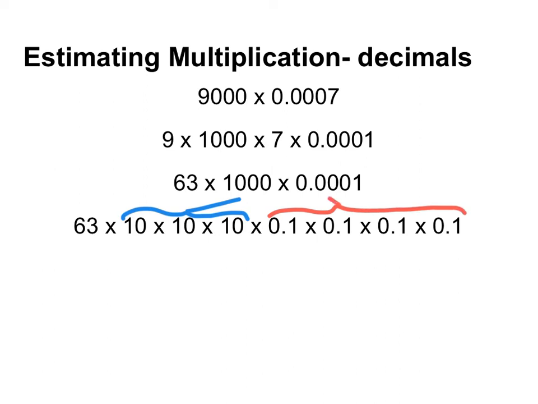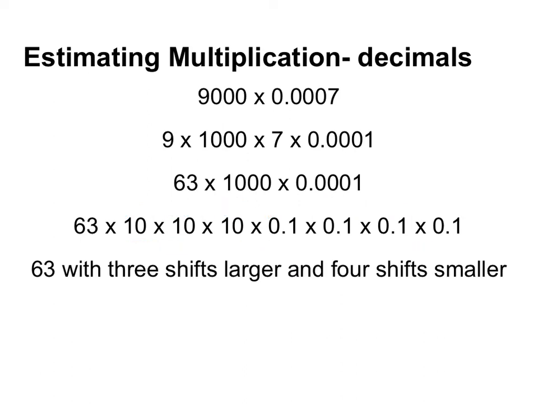So I multiplied by 10th, and then a 10th, and then a 10th, and then a 10th. So thinking about shifts, what's happening here? Well, we're starting with our 63, and then we're shifting 3 larger and 4 smaller. So we need to do both of those. So 63 gets 3 shifts larger and 4 shifts smaller.